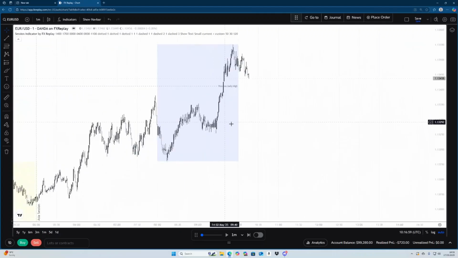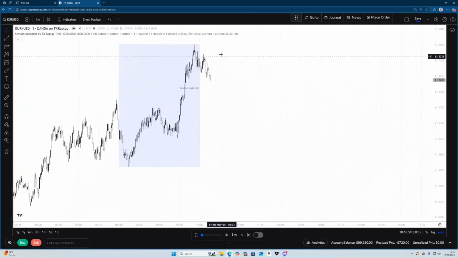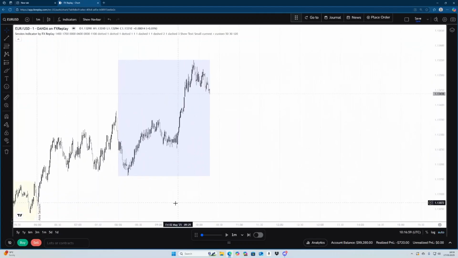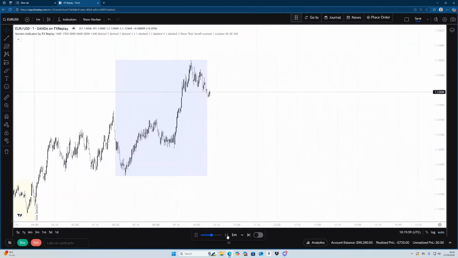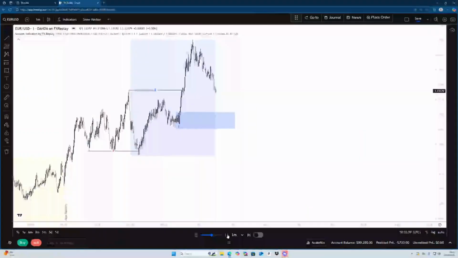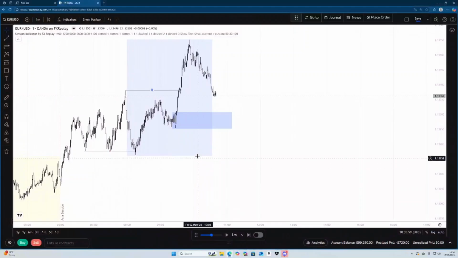But first of all, we have these two equal lows. Then let's break the structure. But there's still space below this decisional zone. So be careful, and the session is coming to an end. Almost 11 o'clock. So I wouldn't take this decision.